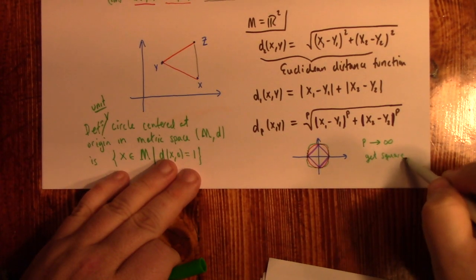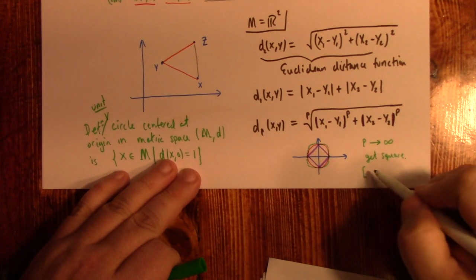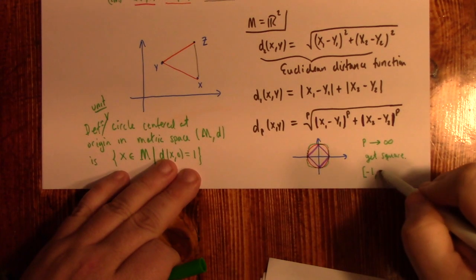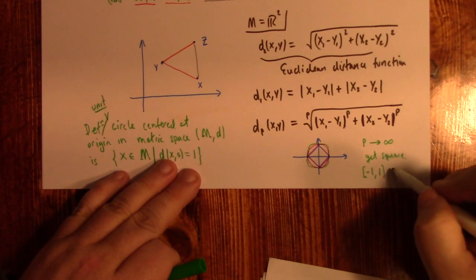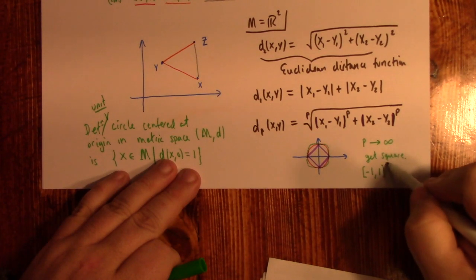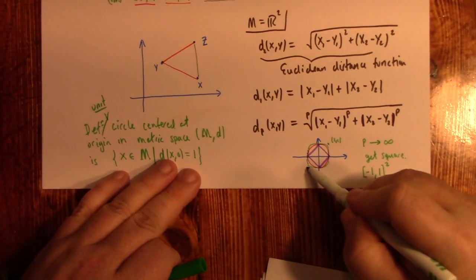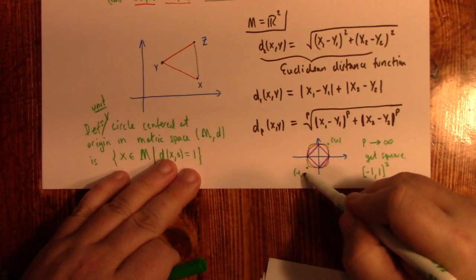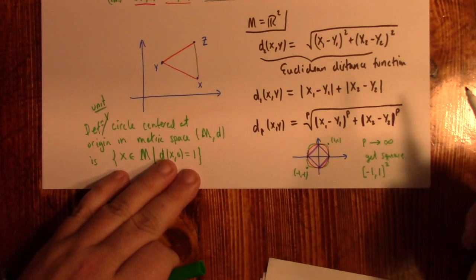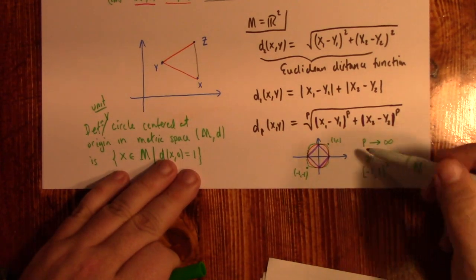The square in our Cartesian product notation would be [-1, 1] squared, because these points are (1, 1), and this point down here would be (-1, -1). In that limit, it's actually the square.